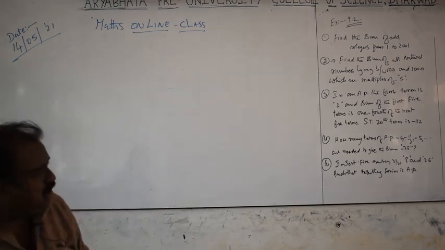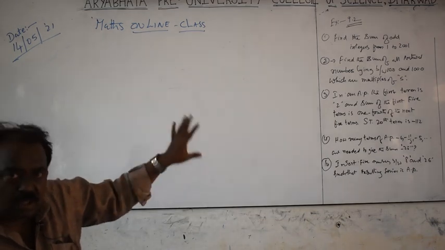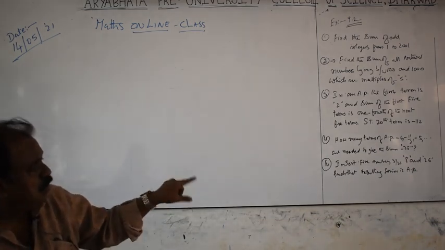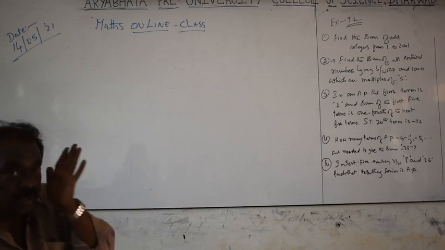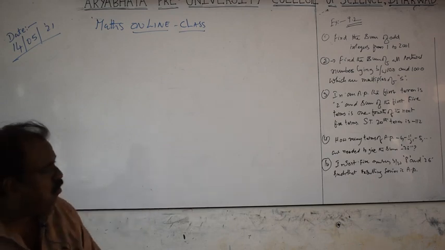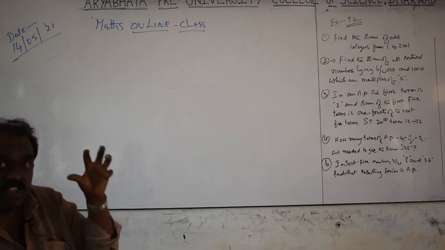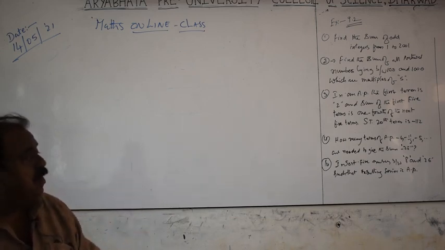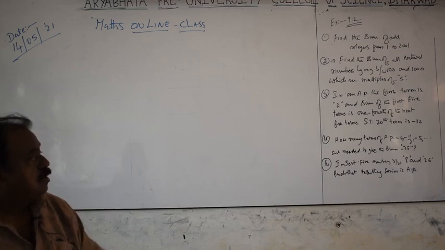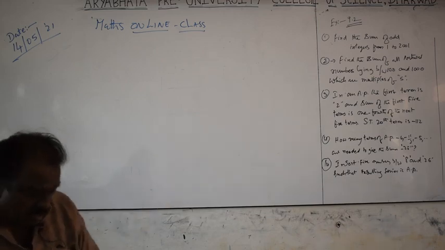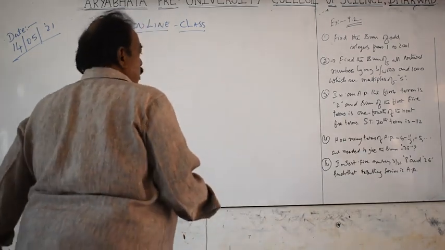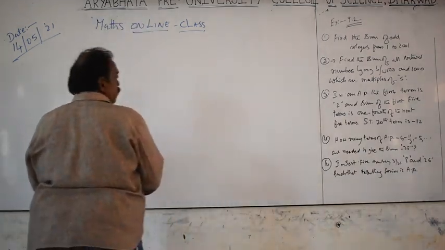In your textbook you see; for my purpose I wrote on the board. The sum Sn is minus 25. The given AP is there.